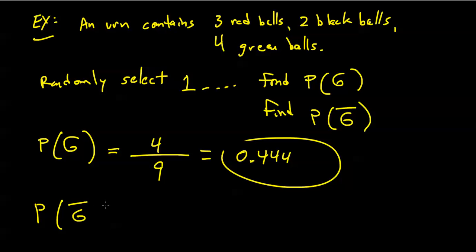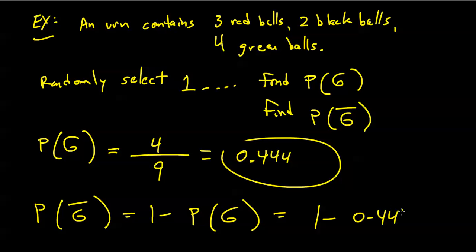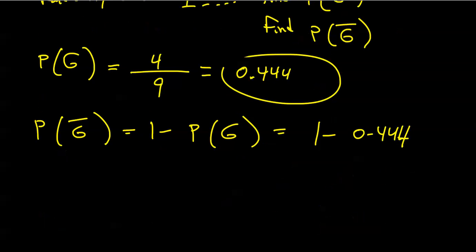What's then the probability of not green? Well, again, complementary events add up to 1, so the probability of not green is then 1 minus the probability of green, which would be 1 minus 0.444, and 1 minus 0.444 simplifies to 0.55.